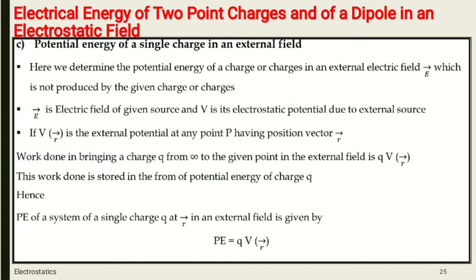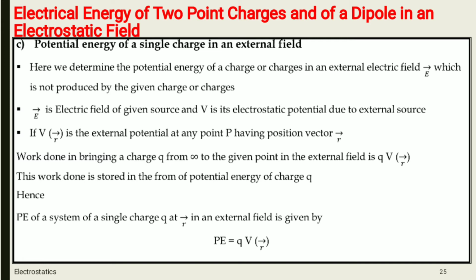In the earlier two points, A and B, we obtained the expression of potential energy of a system of charges where the sources of the electric field and their locations are specified, that is, charges and their locations R12, R1, R2, R3.